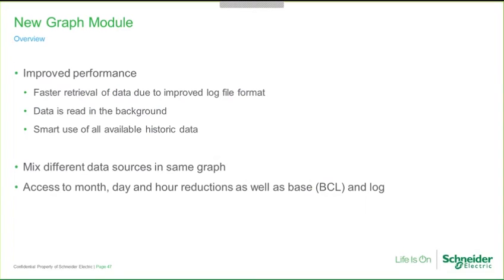First of all, performance has been greatly improved, due to the new log file format. It means the trend is much faster. We also read data in the background. The old trend was very one step after each other. First you had to specify the period. Once you'd done that, we started to read data.